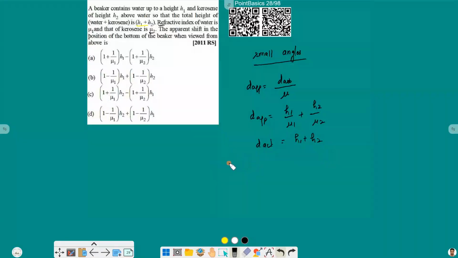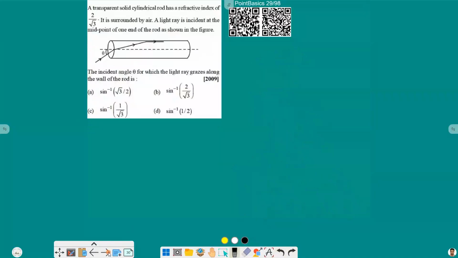So shift, suppose delta d, will be d actual minus d apparent. So it will be h1 minus h1 by mu1 plus h2 minus h2 by mu2. And this will be h1 common, 1 minus 1 by mu1, plus 1 minus 1 by mu2 with h2 common. That matches with option D.